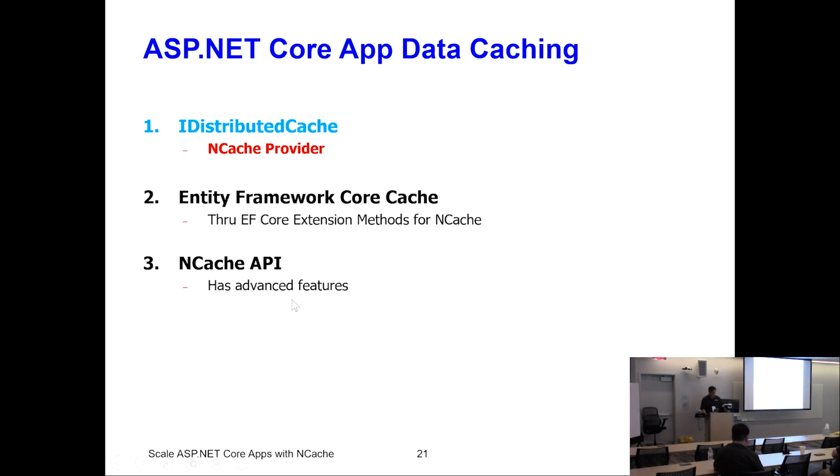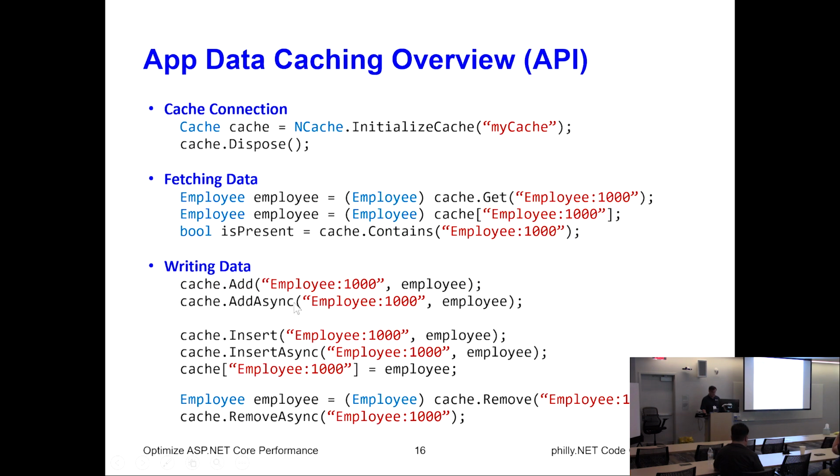But as you can see, the third option is to use the NCache API, which is also a fairly straightforward API. NCache API looks almost identical to the ASP.NET Cache object, but of course more than that. When we came out a long time ago, ASP.NET Cache was the only interface or object that was around, so we tried to keep it as close to it as possible. So it's a simple concept.